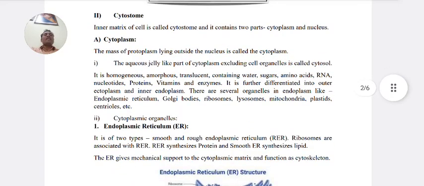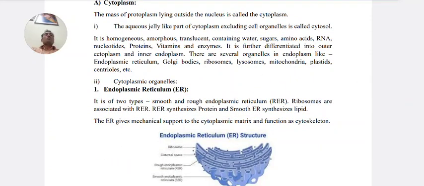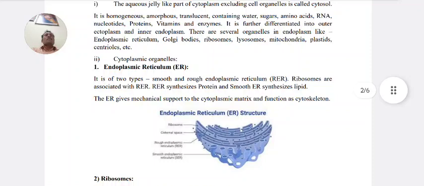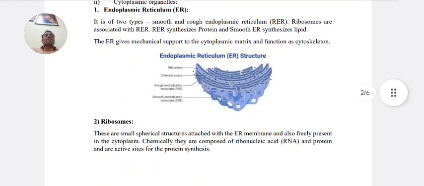The first organelle is the endoplasmic reticulum. It is of two types, rough endoplasmic reticulum and smooth endoplasmic reticulum. Ribosomes are attached to the rough endoplasmic reticulum. Smooth endoplasmic reticulum helps to synthesize lipids, and rough endoplasmic reticulum synthesizes protein.